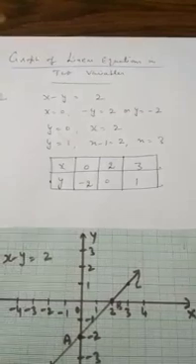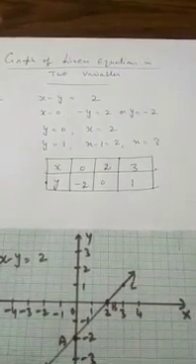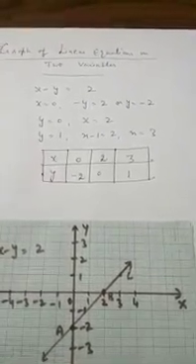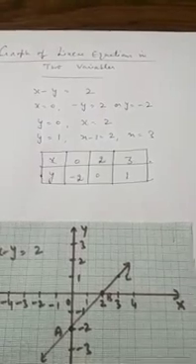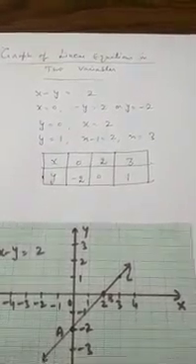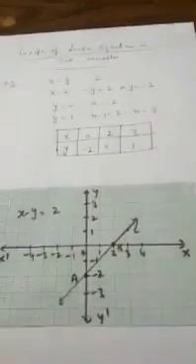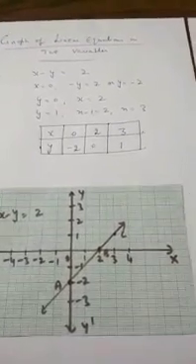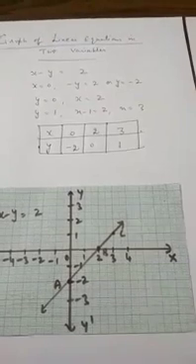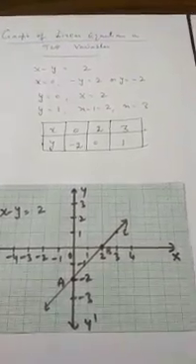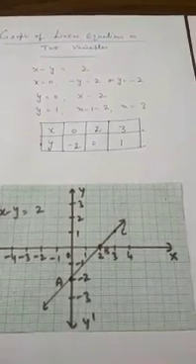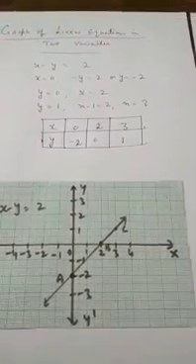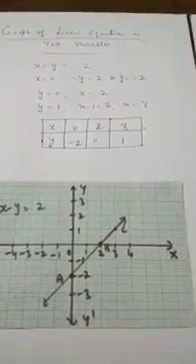So we can make the table with these solutions. When x is 0, y is minus 2. When x is 2, y is 0. When y is 1, x is 3. And please write the correct values of x and y to get a correct graph. Now on the Cartesian plane, we will plot the x-axis and y-axis. They are perpendicular to each other, and we choose an appropriate scale which should be the same on the x-axis as well as on the y-axis. In the previous chapter we have learned how to locate a point on the graph.